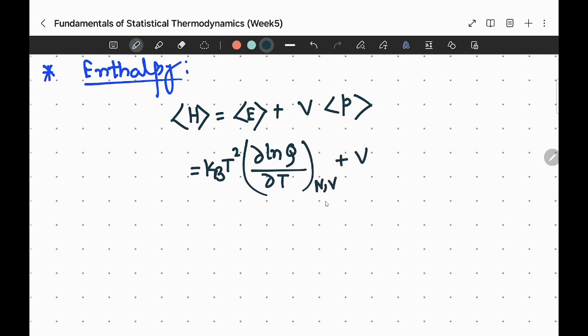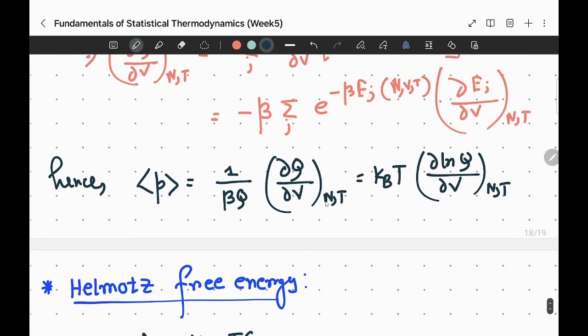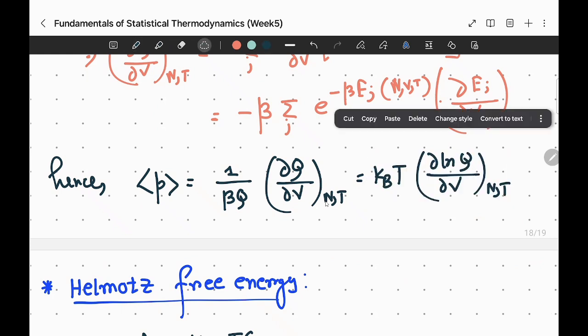Plus V. What is the P average? This part, let me copy. No, this is easy.